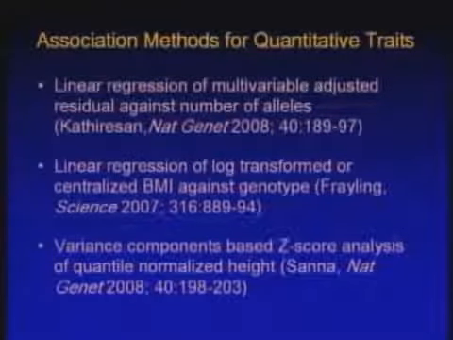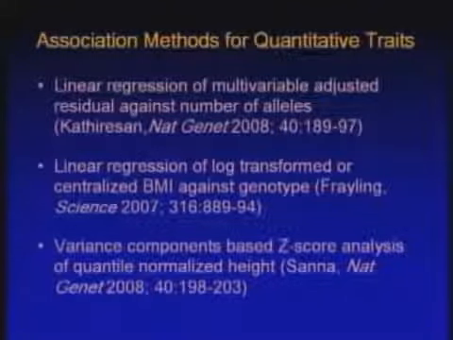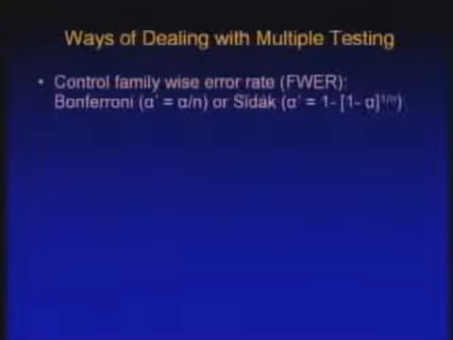Variance components was very, very popular at one point in linkage analyses, and it carried over into these studies as well. And so you can do a z-score analysis, as Sana did, of quantile normalized height, but there are, as I said, a variety of ways of doing this. Ways of dealing with multiple testing, and I think we talked about that a little bit yesterday.